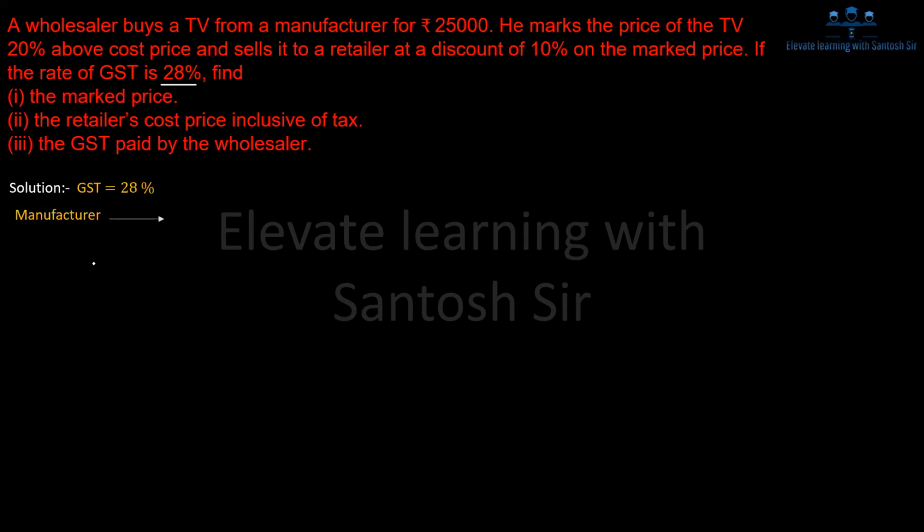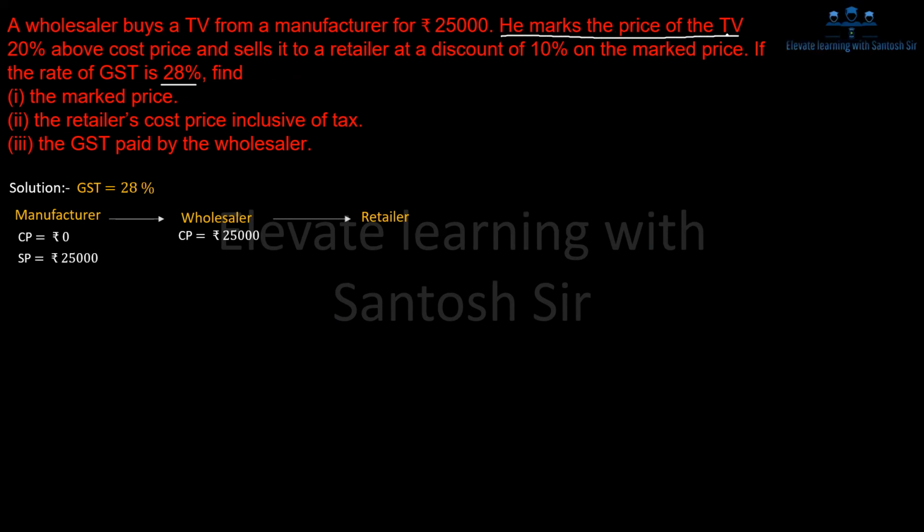Over here, the manufacturer is selling it to the wholesaler and the wholesaler is selling it to the retailer. Now, for the manufacturer, we don't know the cost price, so it is zero for the purpose of calculation. And the wholesaler is buying from the manufacturer at 25,000, meaning the selling price of the manufacturer is equal to the cost price of the wholesaler, which is 25,000.